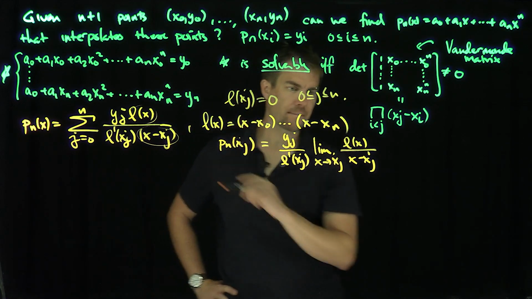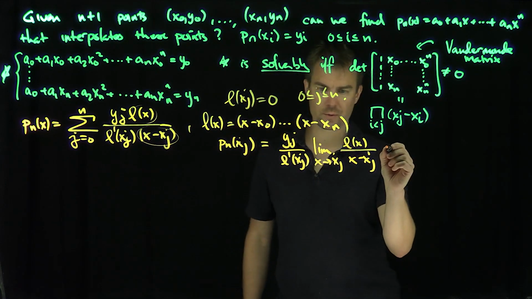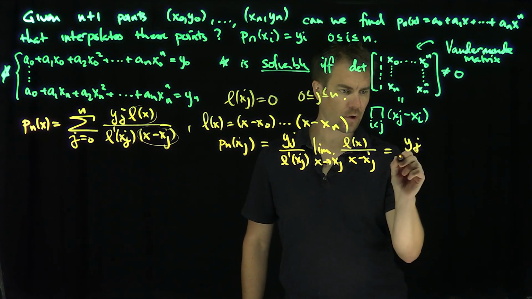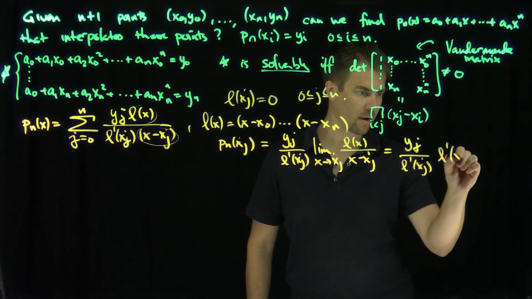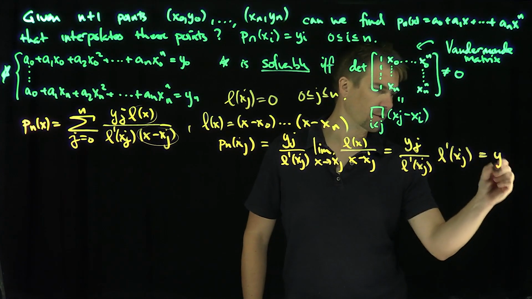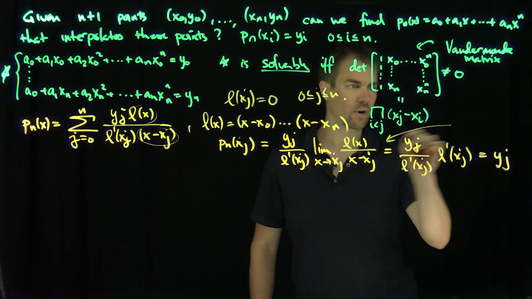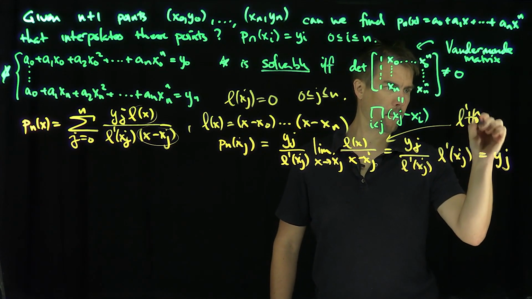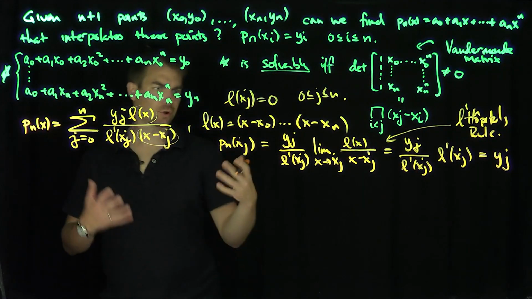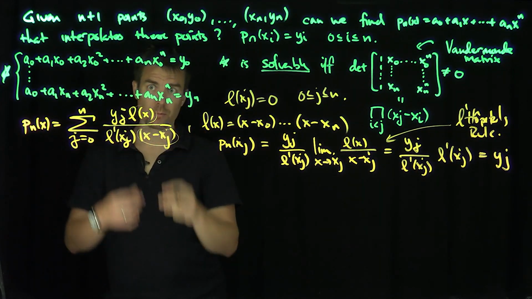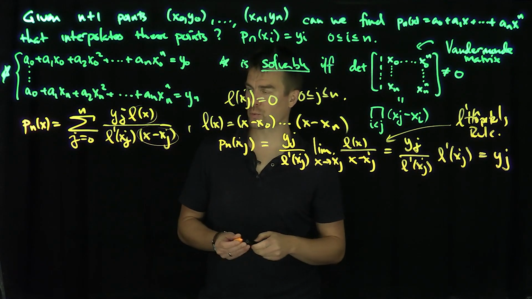And so by L'Hopital's rule, this is just going to be yj over L'(xj) times L'(xj), which is yj. It's a sort of trivial version of L'Hopital's rule because it's a removable singularity, but it just works.